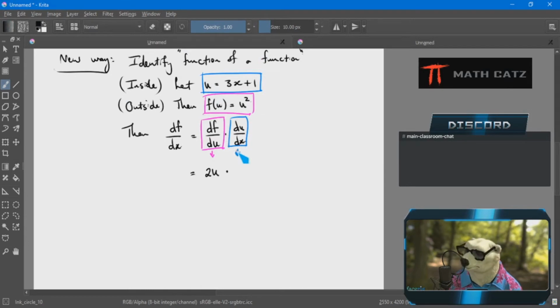It takes time. So, I have found a function called u. It has a variable x. Its derivative is 3. All right. Now, I can simplify this to 6 times u. However, I'm not done technically.